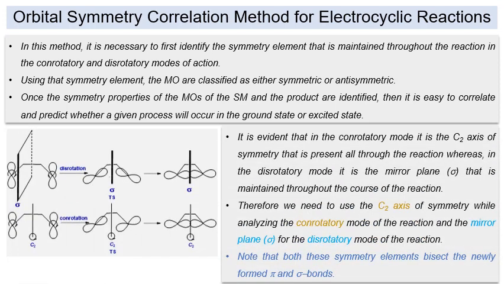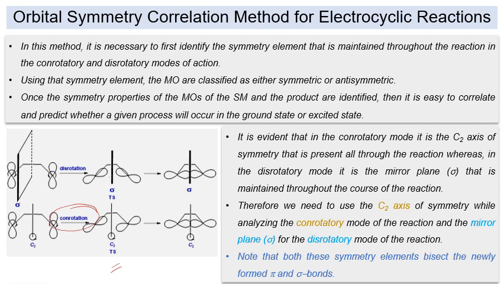Let's now consider the same butadiene type of system. Now it becomes very obvious that in the conrotatory mode, it is the C2 axis of symmetry that is present all through the reaction. You can see here in the transition state, it is the C2 axis of symmetry that is present. It is not the sigma plane.